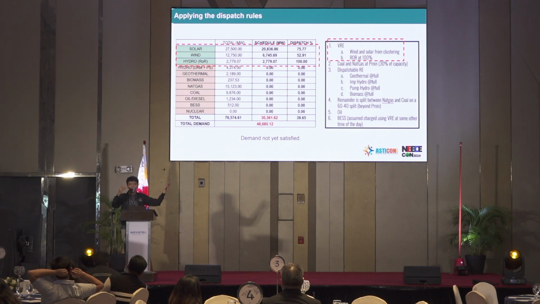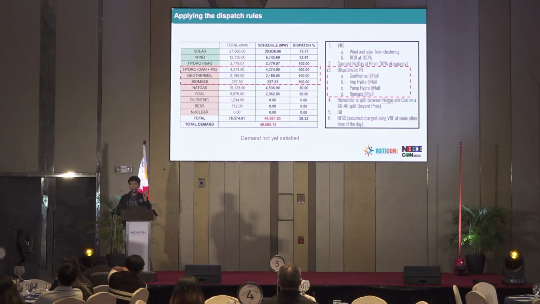After that, we proceed to level 2, in which case we dispatch the minimum output of our coal and natural gas plants, which is at 30%. Notice that we added 30% for natural gas and coal, but the total schedule is still insufficient to supply the 48 gigawatt demand.